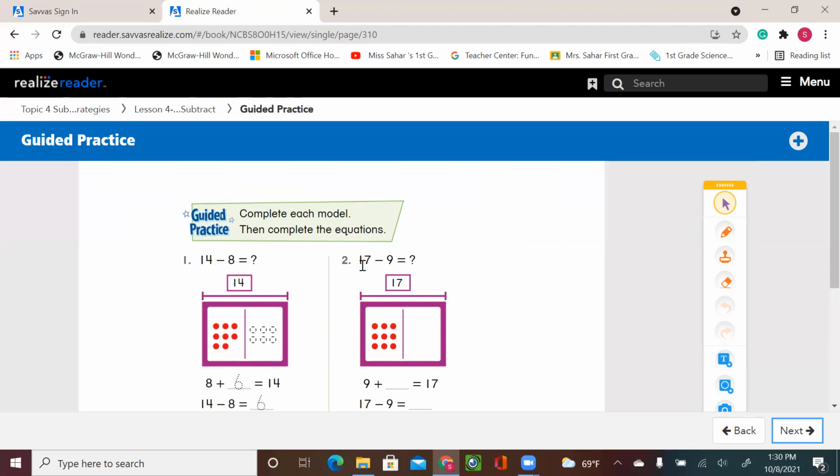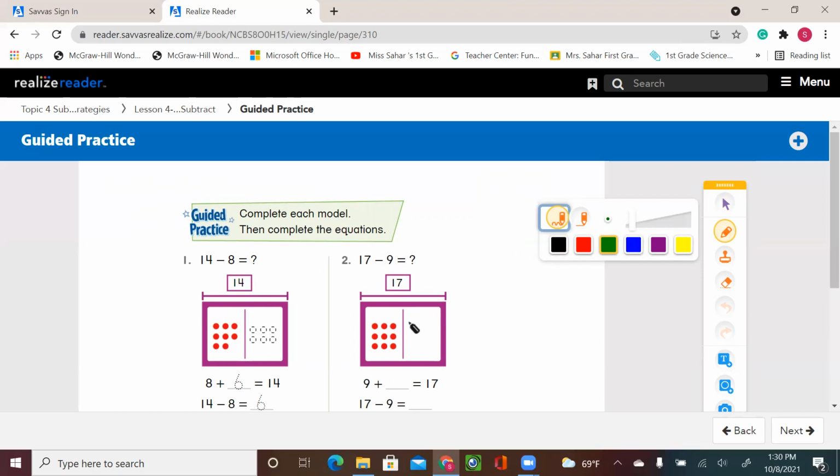Okay, let's go for number 2. 17 take away 9. My total is 17, the part I know is 9. So I'm asking myself the question, 9 plus something equals 17. Let's count on.